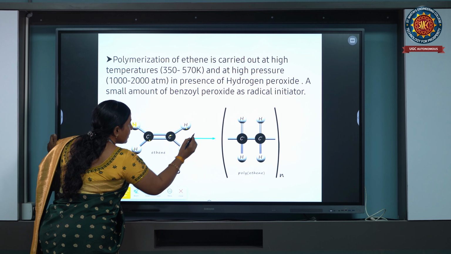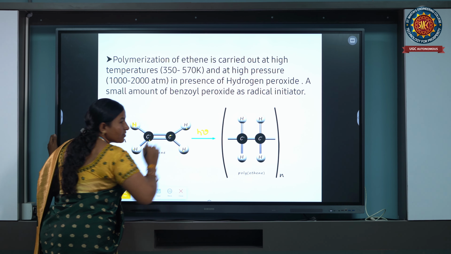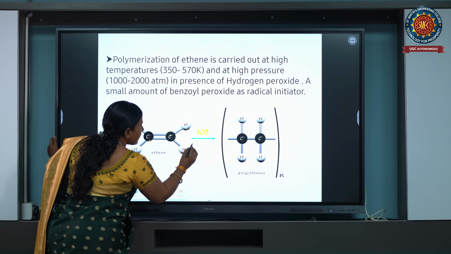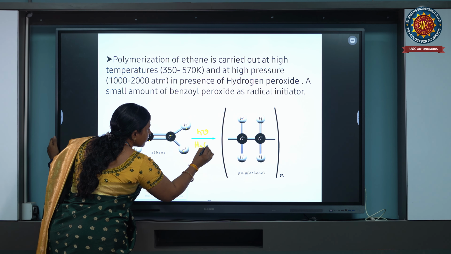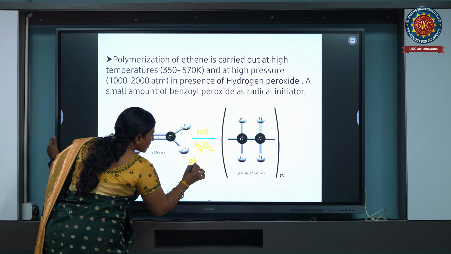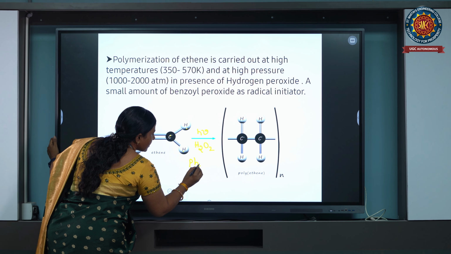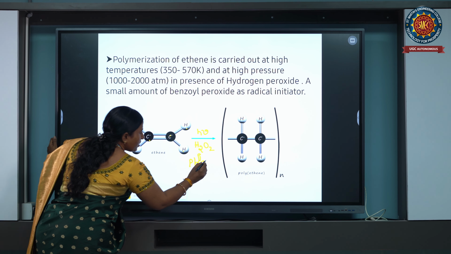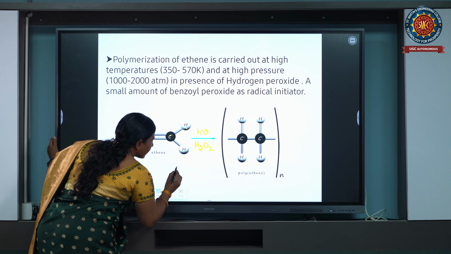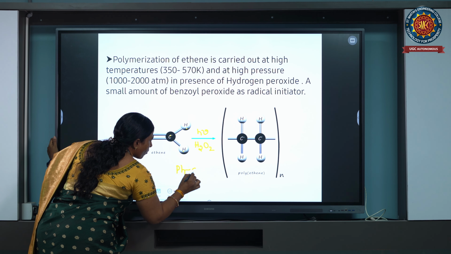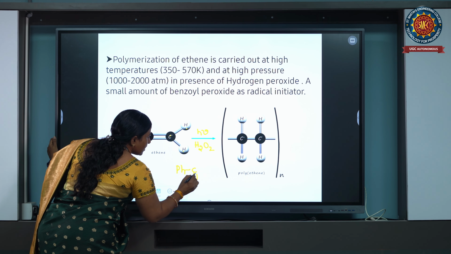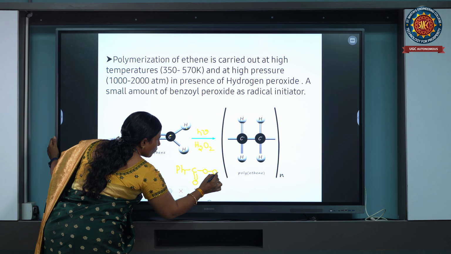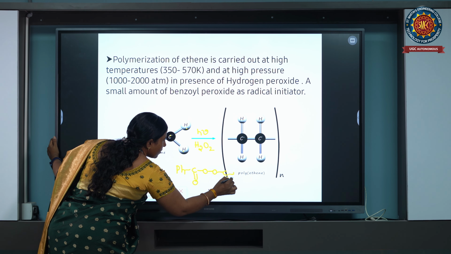Then here, in the presence of sunlight and a catalyst like peroxide, benzoyl peroxide, we are using benzoyl peroxide. Otherwise we can write it in the expanded form: Ph C double bond O, O, O, C double bond O Ph.